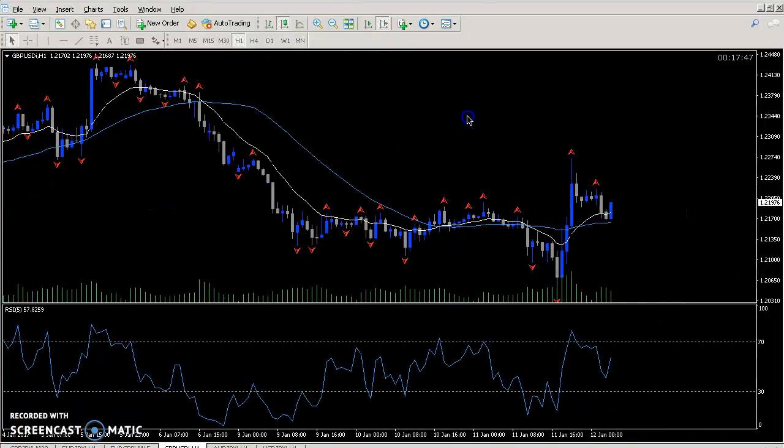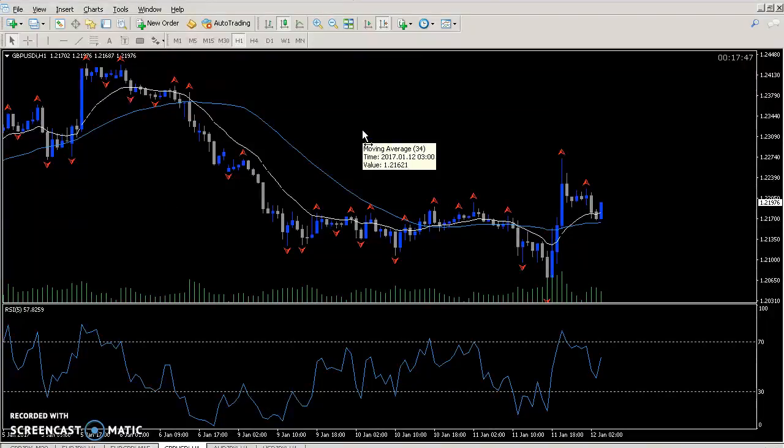There's a lot of people who use like the trader dynamic index, and they use the stochastic.